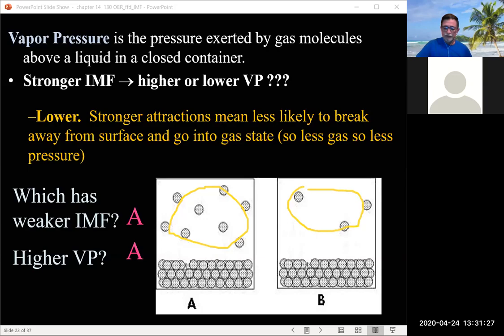That suggests that for A, these IMF interactions are much weaker than in B, okay? And therefore, the molecules in B are held closer and tighter together than A, and therefore fewer molecules go into the atmosphere.